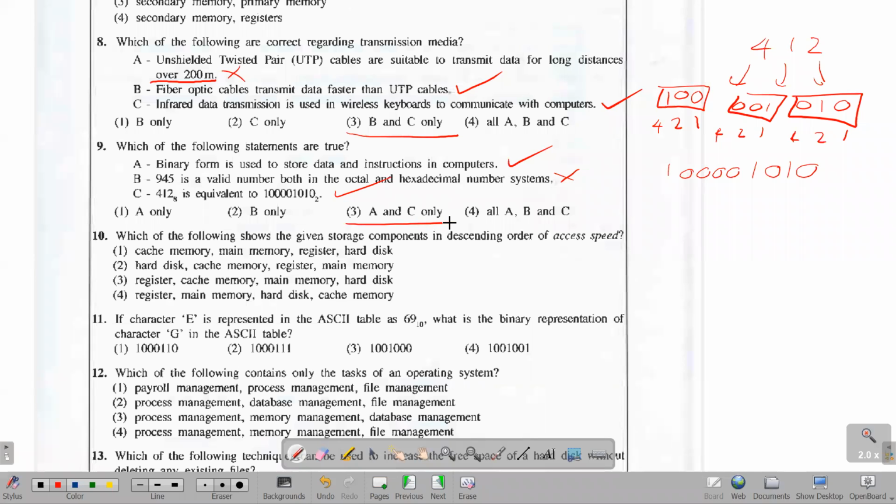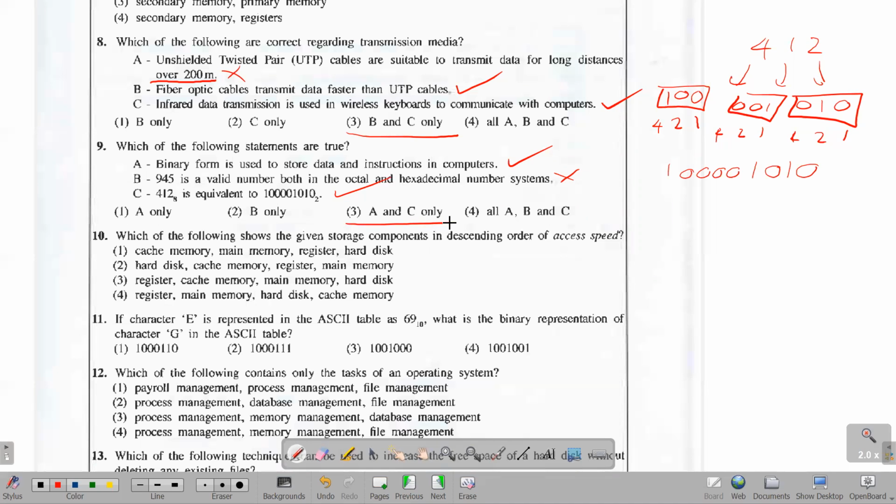So the 10th one, which of the following shows the given storage components in descending order of access speed? That means first should be the one which has the greatest speed, the most speedy.